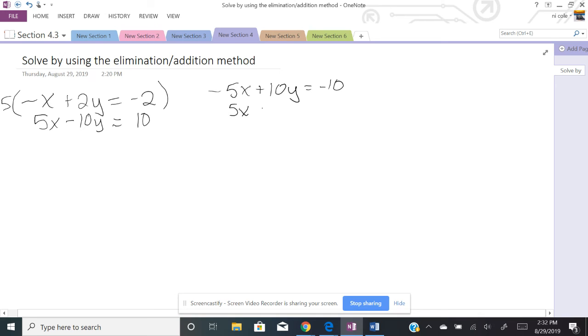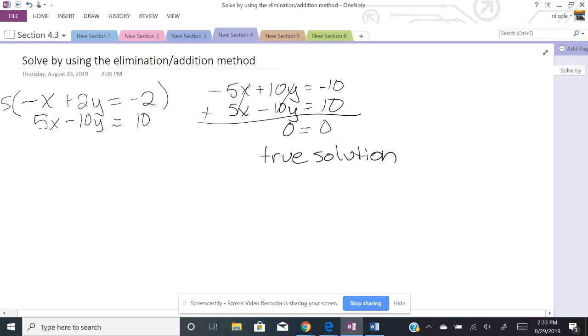And 5x minus 10y, I'm just copying this one, equals 10. Do the addition. Those cancel, so that leaves me 0 is equal to 0. So I can't solve for x or y. Is that okay? Well, the answer is yes, that's okay. Because 0 does equal 0, that's a true statement. That's true every time. 0 does equal 0, so there are infinitely many solutions.